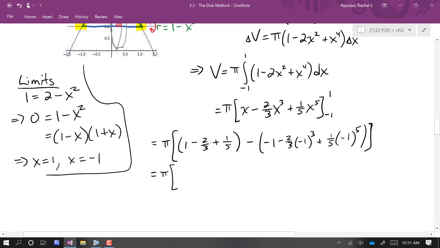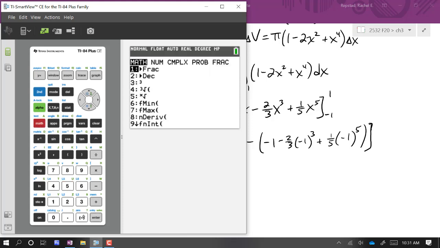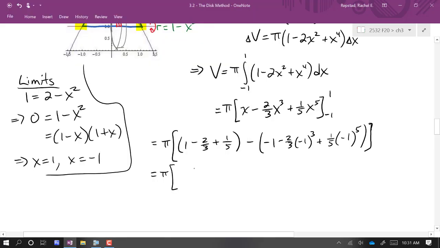Let's see, 1 minus 2/3 plus 1/5. Convert that to a fraction: 8/15 for the first one. And then for the second one, I'm just going to simplify with the signs first. -1 cubed is a -1, so that's going to turn into a plus 2/3 because that's a subtraction.